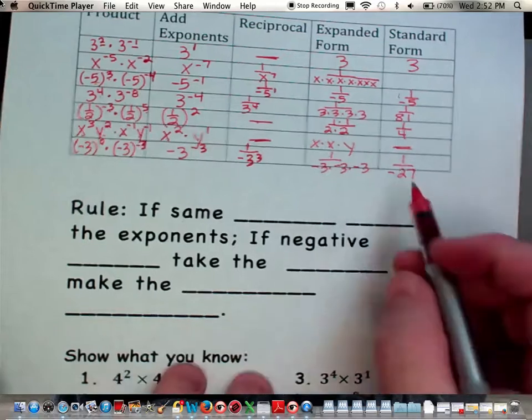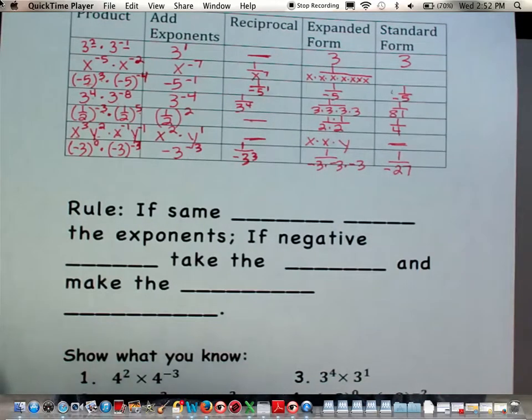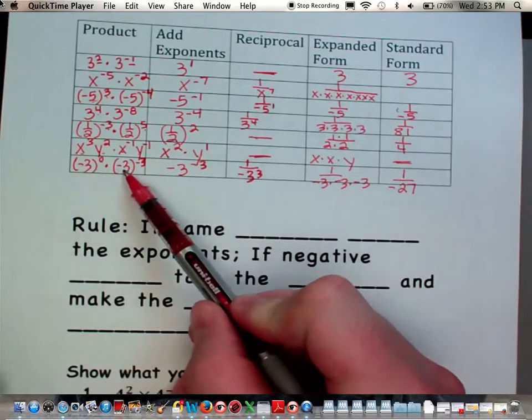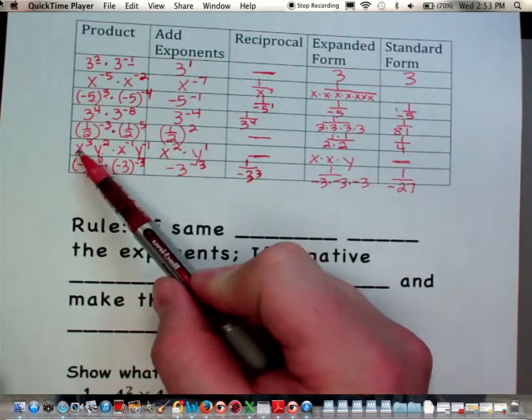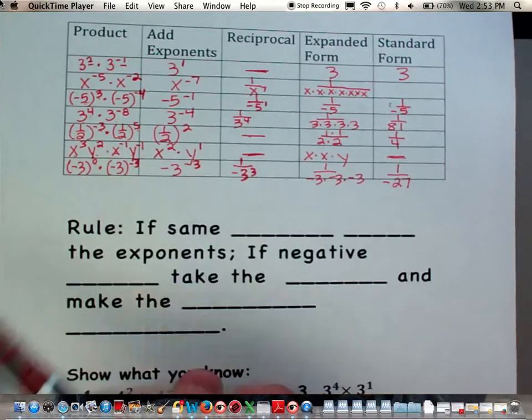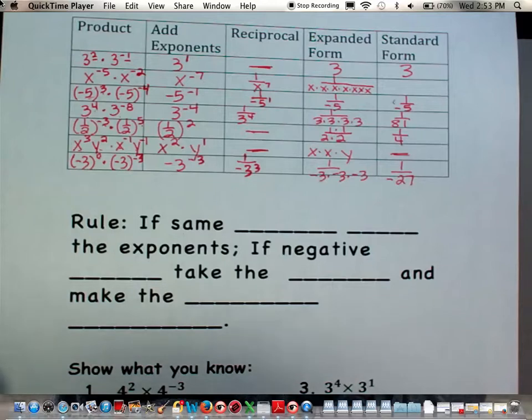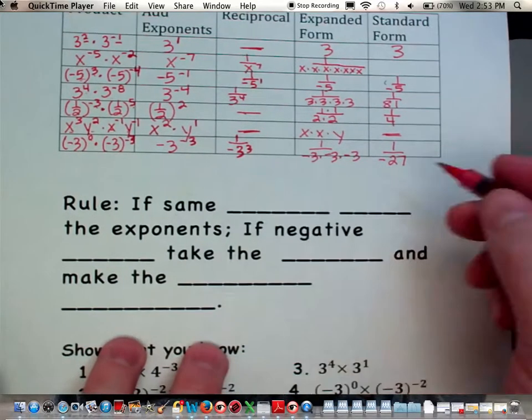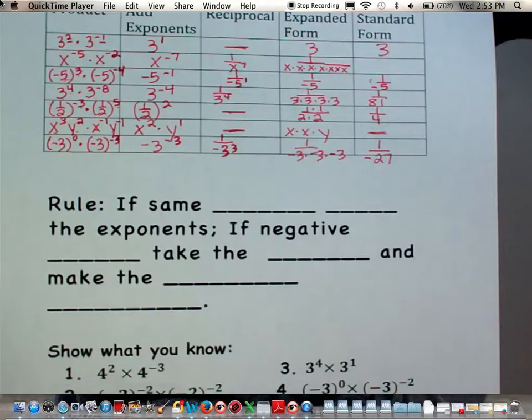So those are all the same. All we're doing on here is, if they have the same bases, you find the same bases. If they're being multiplied, all you're doing is adding the exponents. So what we'll do here is we'll fill those in as we go, okay?